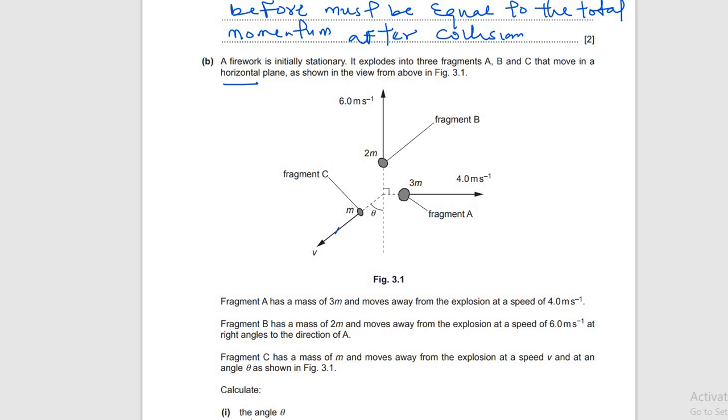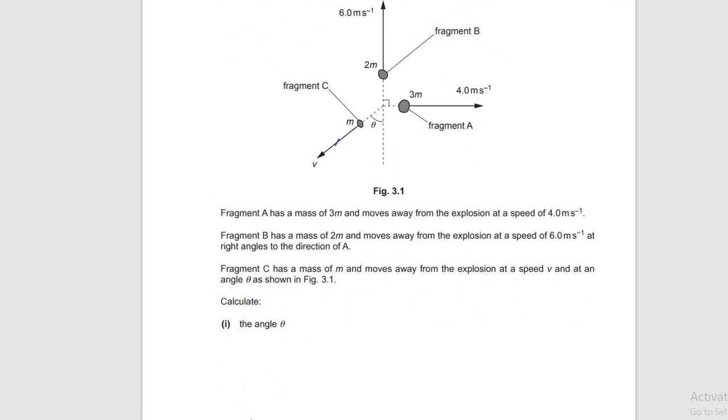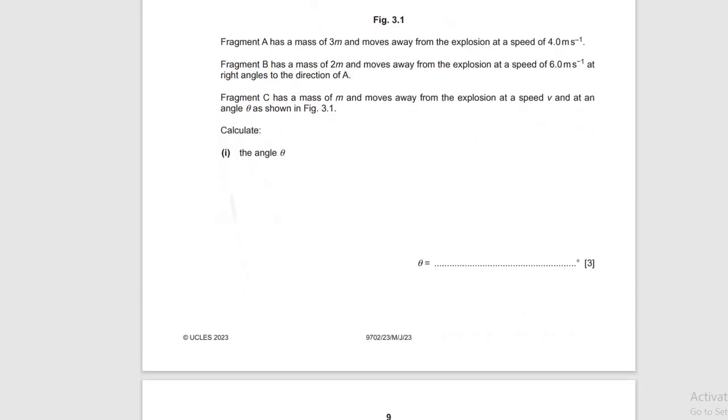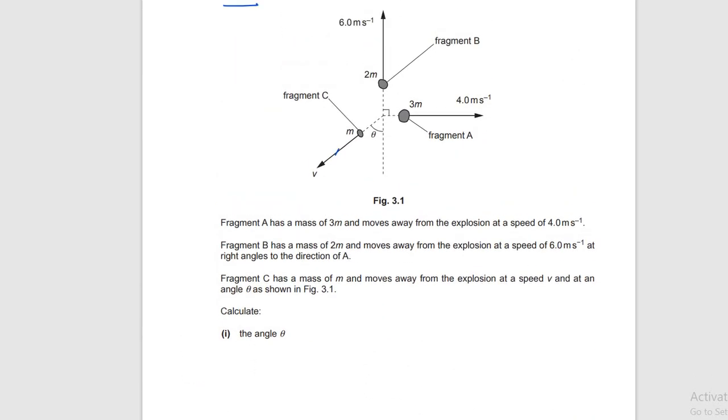Fragment B, the mass is 2m, the speed is 6. And fragment C, the mass is m, will move away at an angle of theta. So the first question is, we are asked to find angle theta.